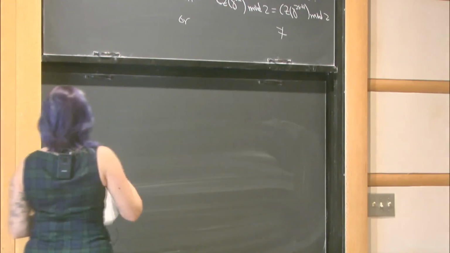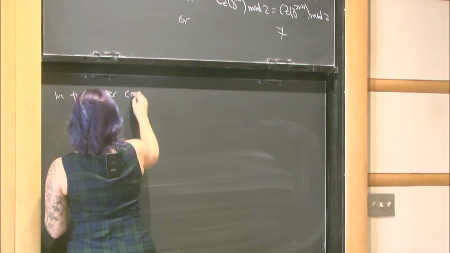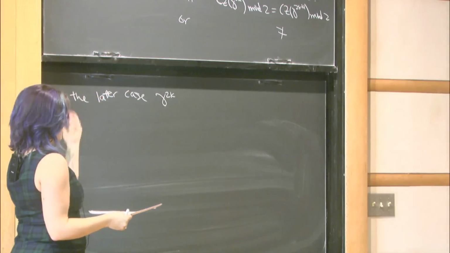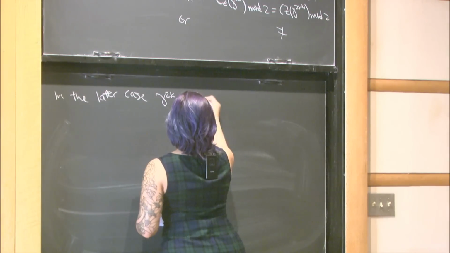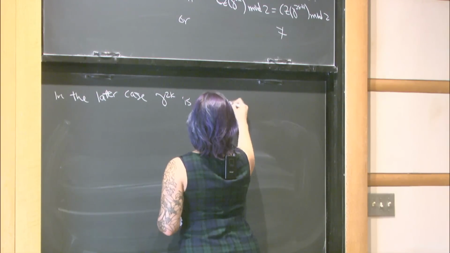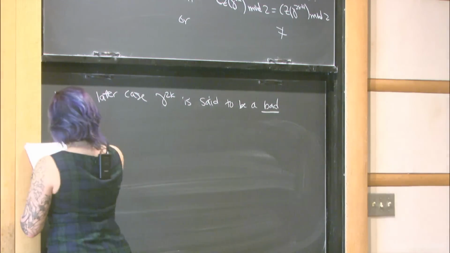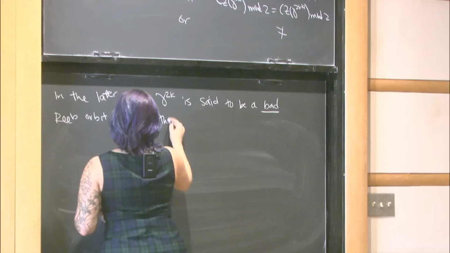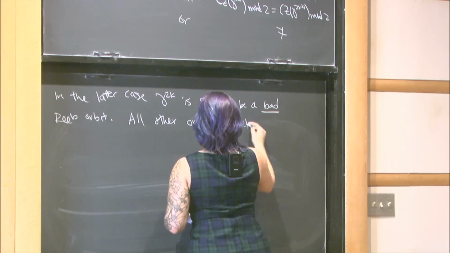And then in the latter case, the even iterates of an embedded Reeb orbit, where the parity of the even iterates is different from the parity of the odd iterates, these are said to be bad Reeb orbits. And all other orbits and iterates are said to be good.